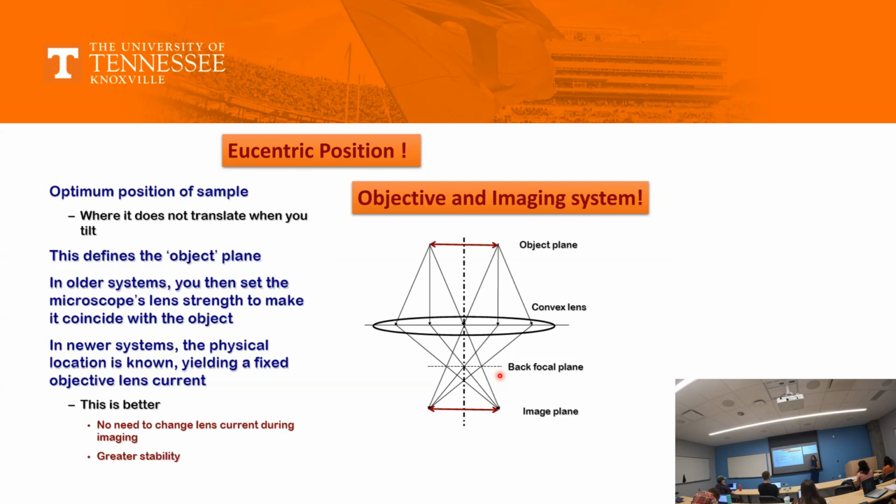That is, you try to bring the image plane and back focal plane into the right position with respect to the current that is operating. What students would do is start playing with the current and try to play with the back focal plane and the image plane.